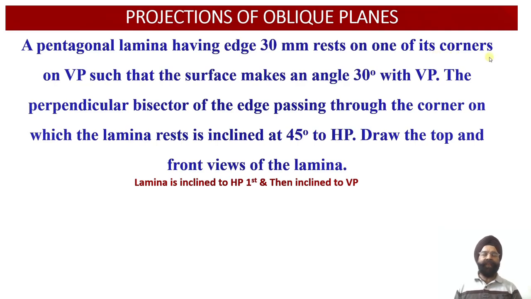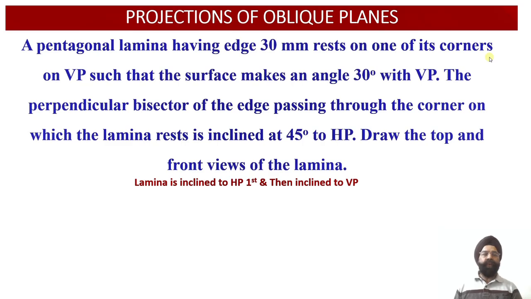So this lamina will be contained by the vertical plane, so it is parallel to the vertical plane. So its projection onto the vertical plane, that is the front view projection, will be projected as a true shape projection of this lamina onto the vertical plane.